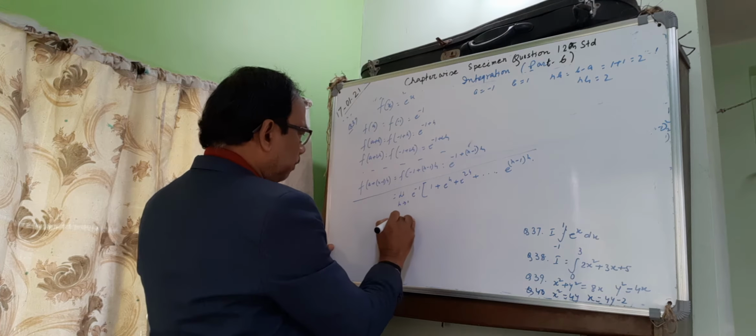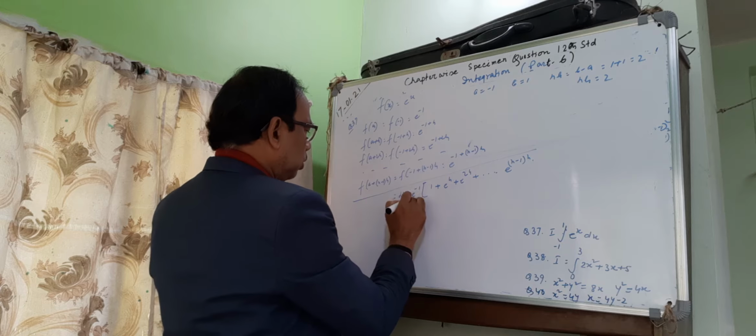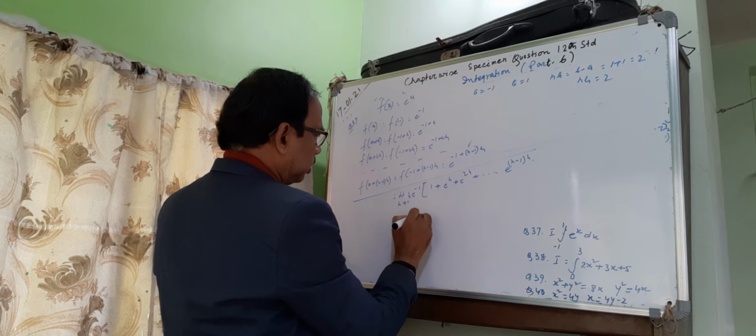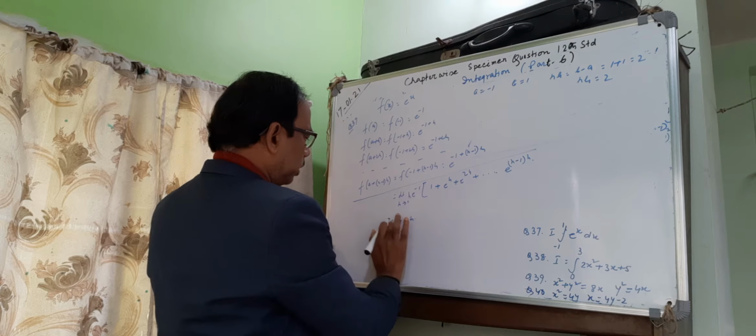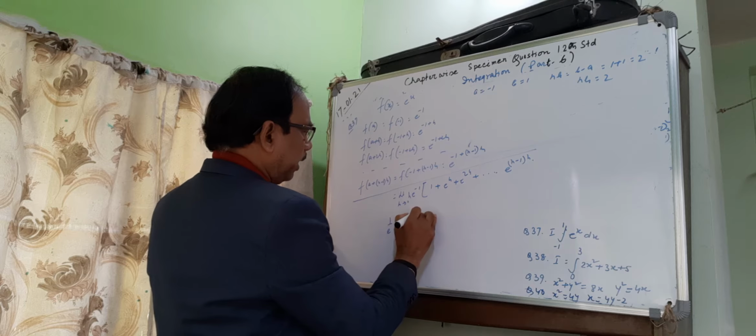That equals to limit h tends to 0 of h, 1 by e, take it first, e to the power minus 1, that is 1 by e.